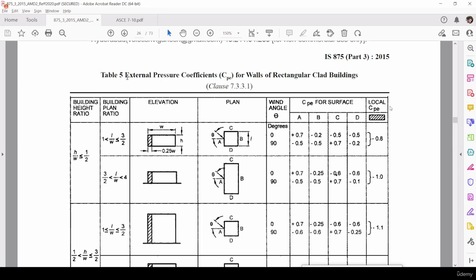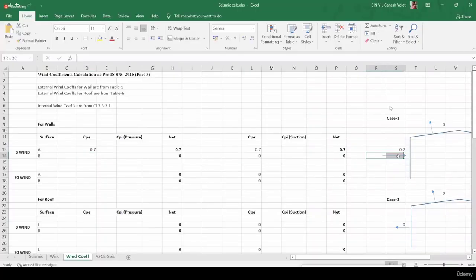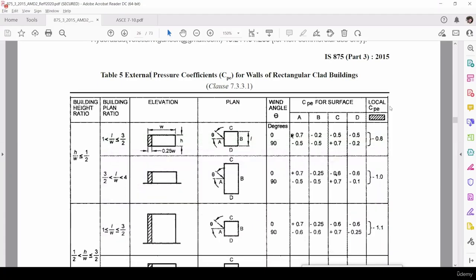Okay, this is external towards the surface of the building, right? So along positive X direction, in this direction it is 0.7, right? Plus is nothing but towards the surface, minus is nothing but away from the surface. Okay, I'm again telling you, plus is nothing but towards the surface, minus is nothing but away from the surface.